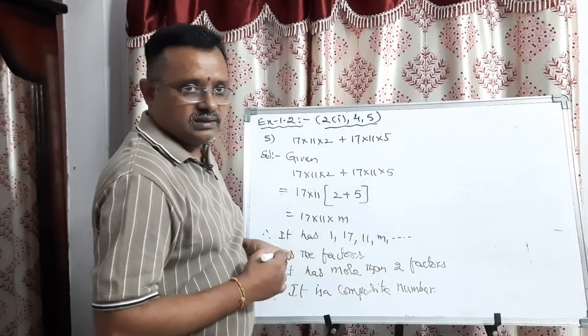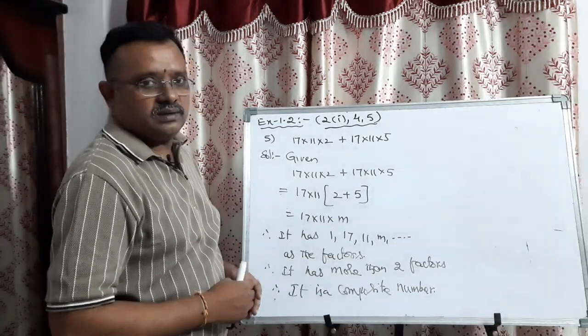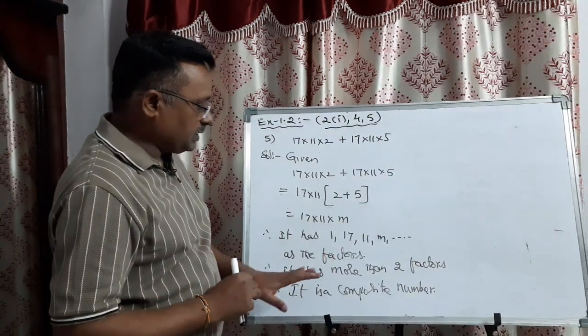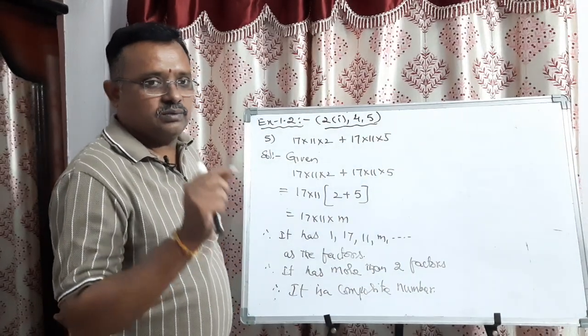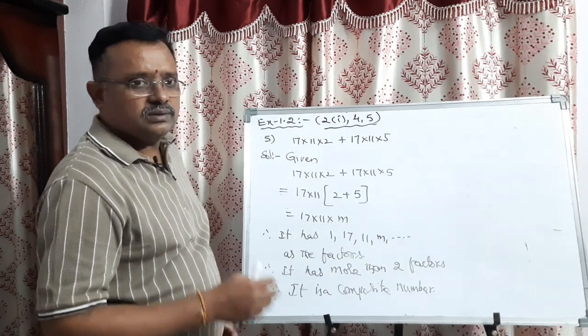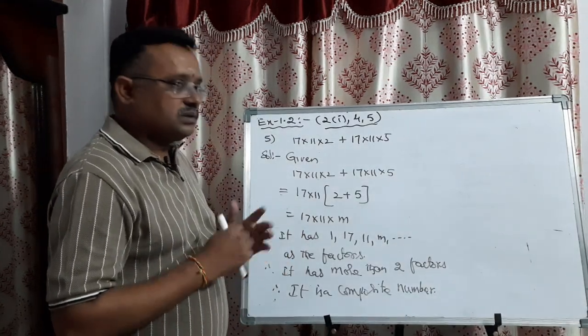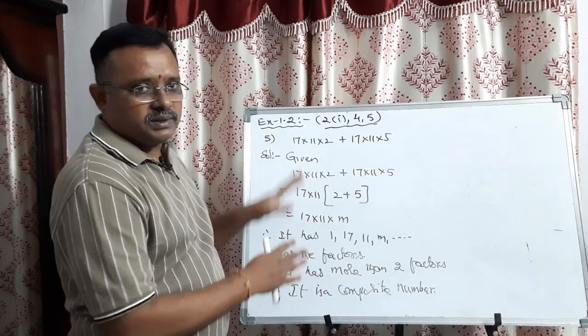Okay? They are asking to explain, so we have to give the explanation. If you conclude the answer without giving a proper explanation, they will try to cut half a mark or one mark, depending upon the weightage of the problem. So don't give the chance to the evaluator, just impress them with your presentation.